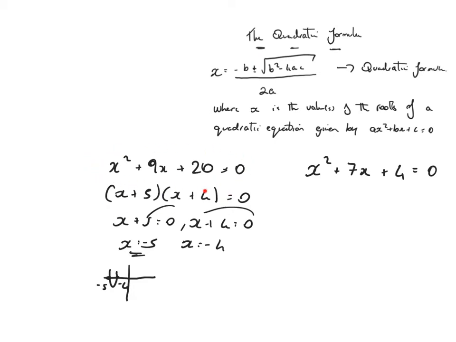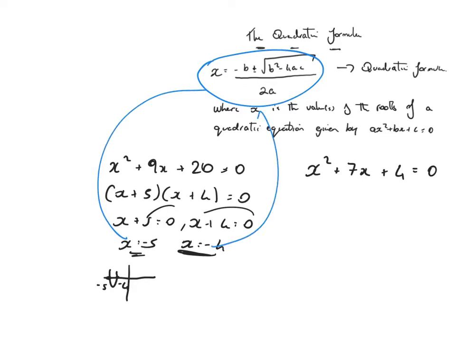So we've already solved this example, and we know that x squared plus 9x plus 20 equals 0 will generate two answers, and that's your two roots, which are minus 5 and minus 4. What we're going to have a go at doing is using this thing called the quadratic formula to see if we get the exact same two results. So let's go ahead with that.